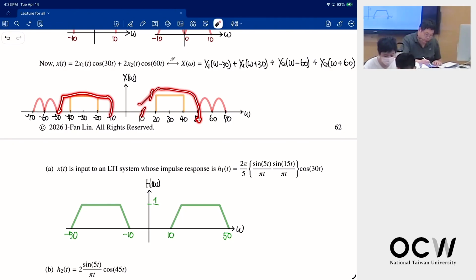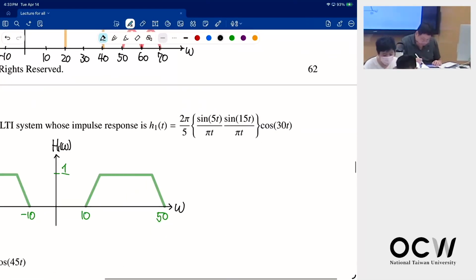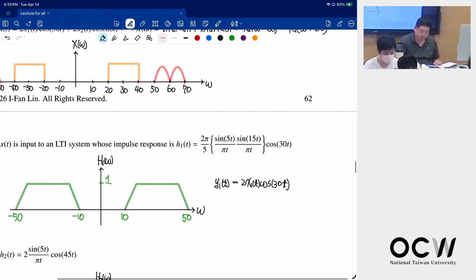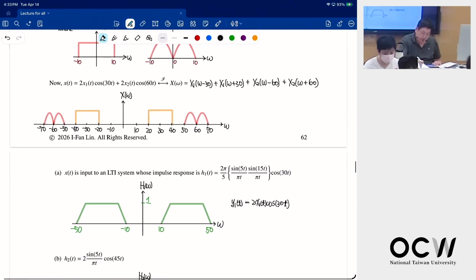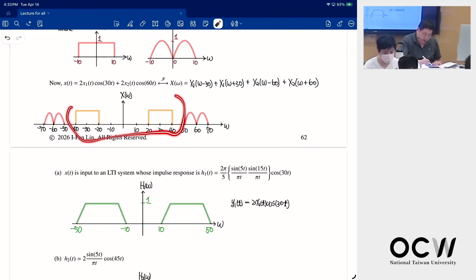So I preserve this 2. If I preserve this 2, what does that mean? This output y1 is 2 x1 cosine times 30t. Right. This is here.